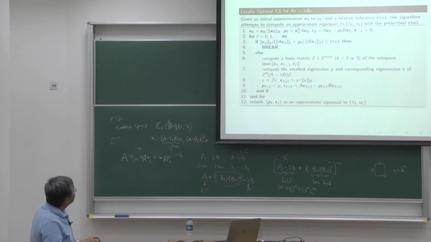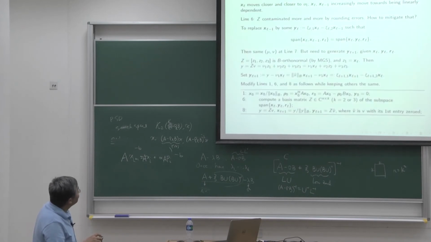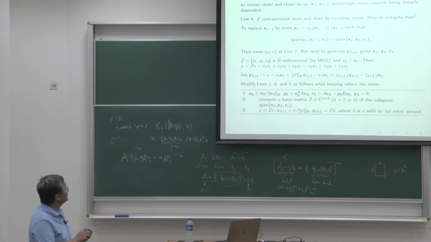So let's look here. This Y equals the Z vector times the eigenvector, and Z was a basis. If we're doing a Gram-Schmidt, basically QR decomposition, then Z1 is the first vector in the list.